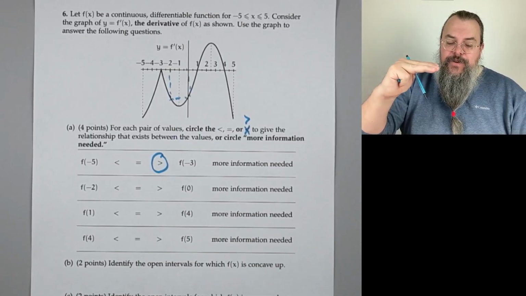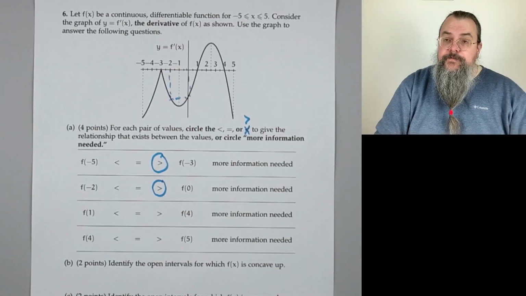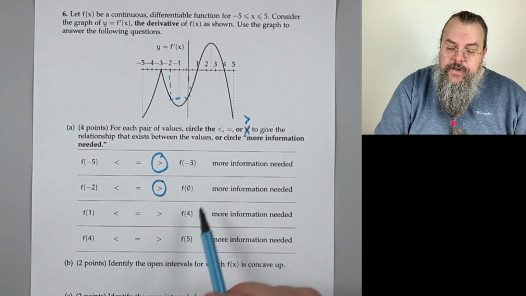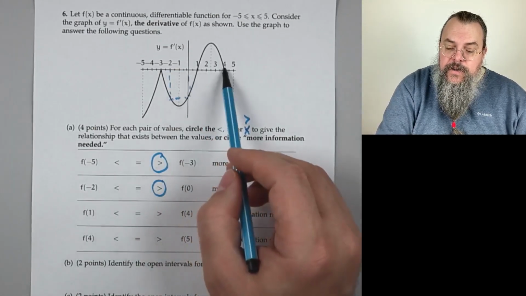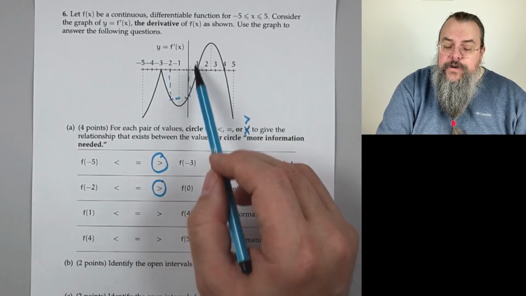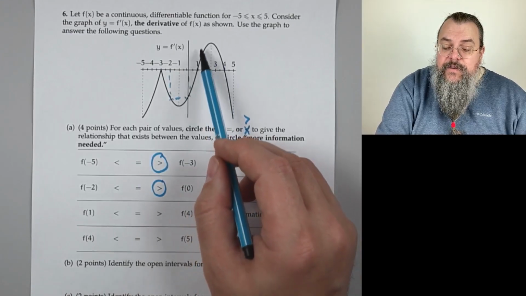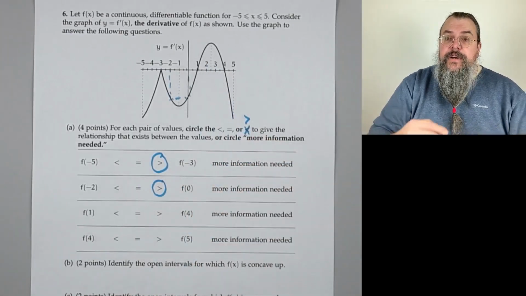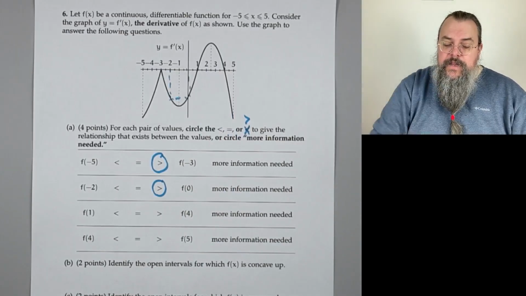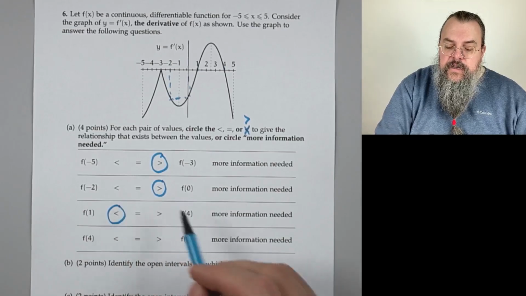So f of negative 2 has to be bigger than f of 0. All right, what about f of 1 versus f of 4? Well, what's happening in between 1 and 4? Our derivative is positive. So our derivative is positive means our function has to go up. If our function is going up, that means that f of 1 is smaller than f of 4.